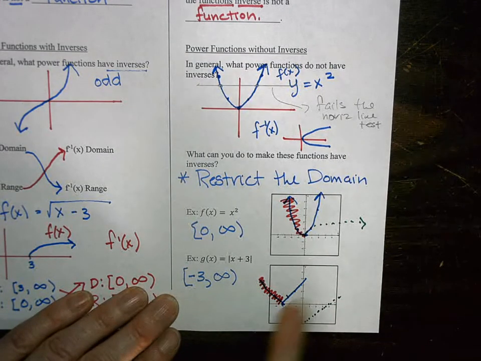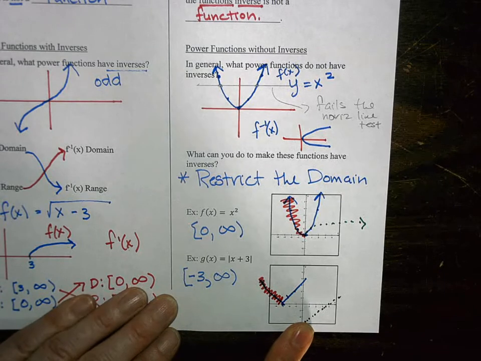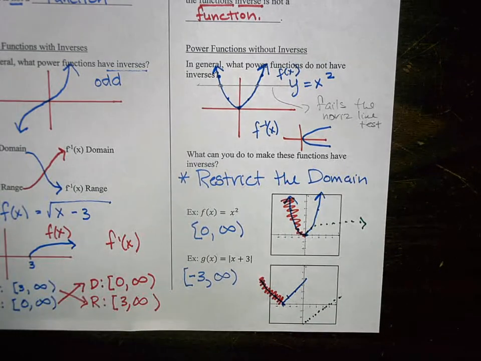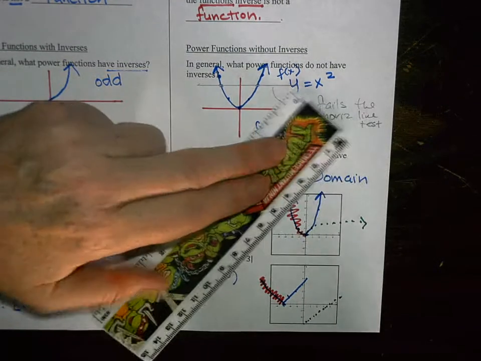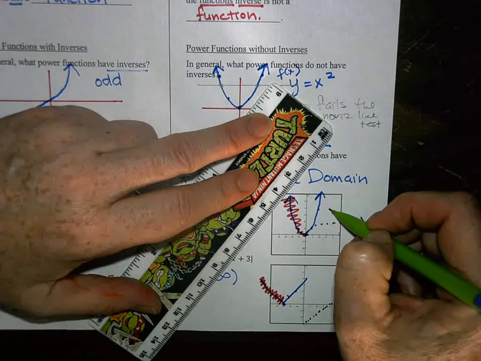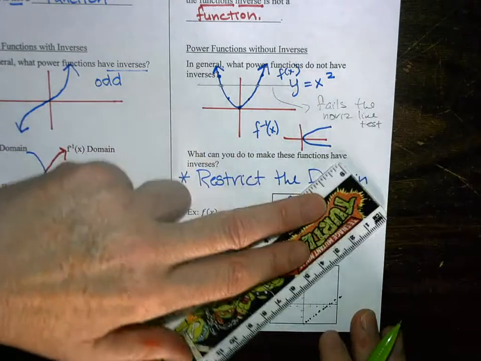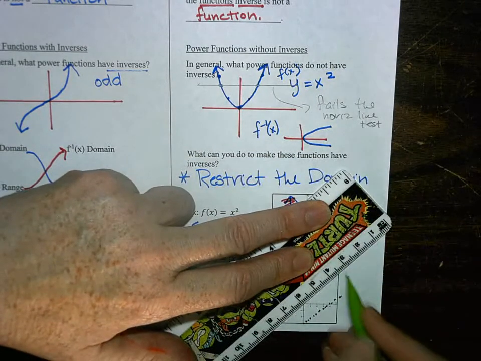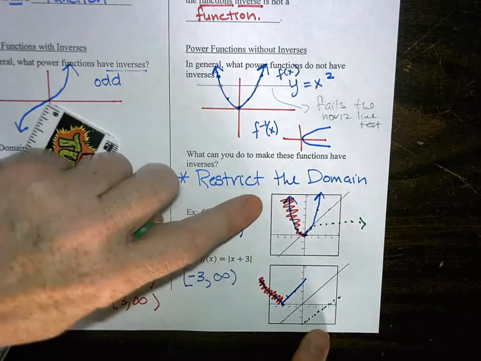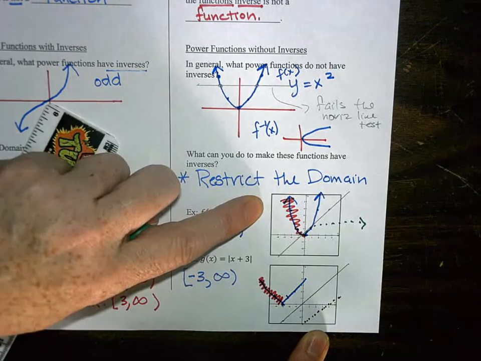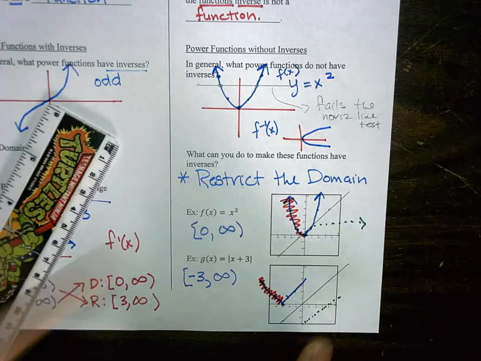The inverse function is mirrored over the line y equals x. Okay, so just so you can picture that, the line y equals x is here and here. And inverses, remember from Patty paper today, are flipped over that line.